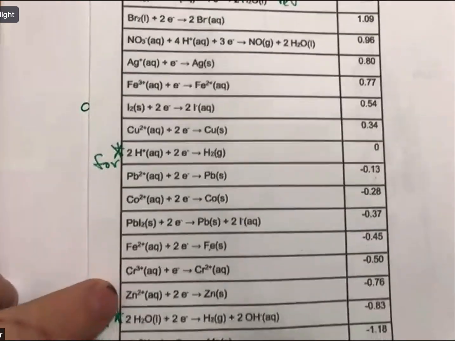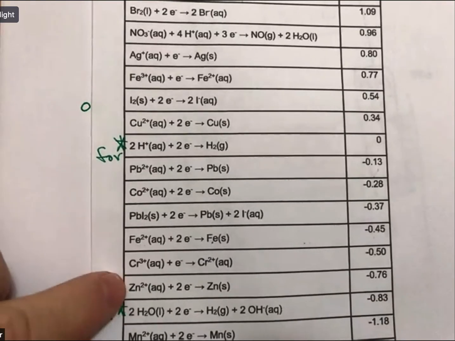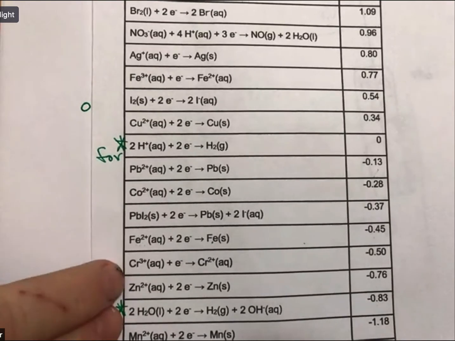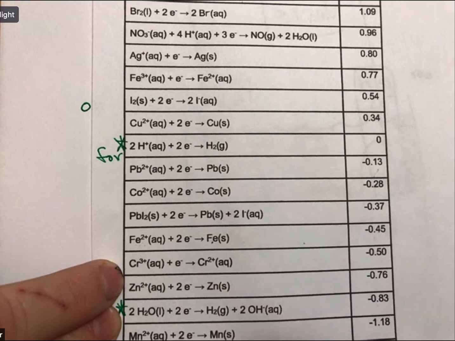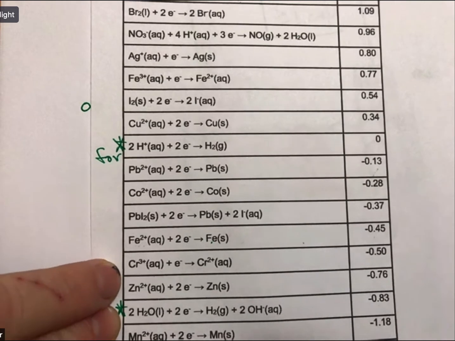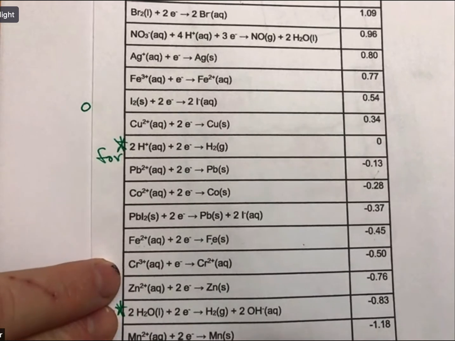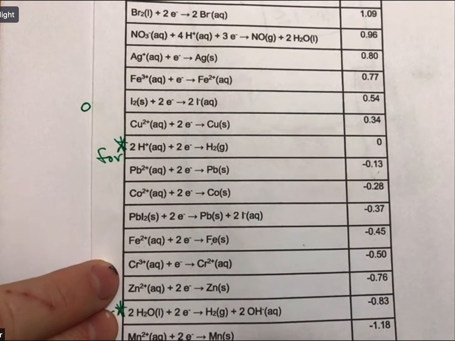Right, so you can do these two for reductions. Okay, so the zinc would be the reduction for this one? The zinc ion will be reduced. Okay, so I have the zinc and the iodine flipped. Right. Does it make sense why? Not really.